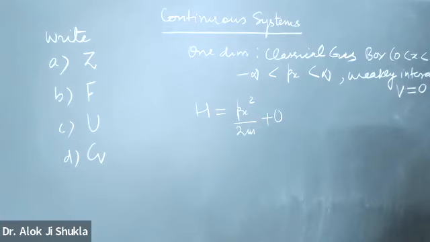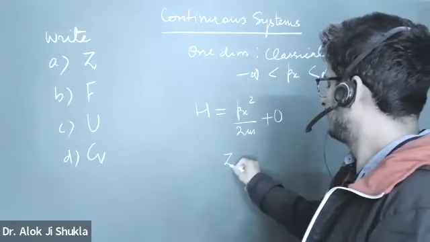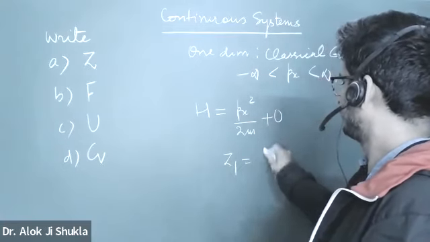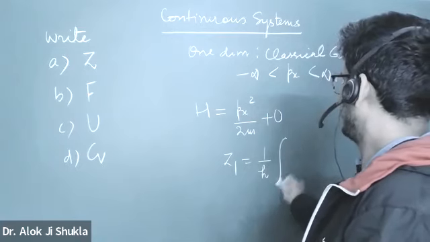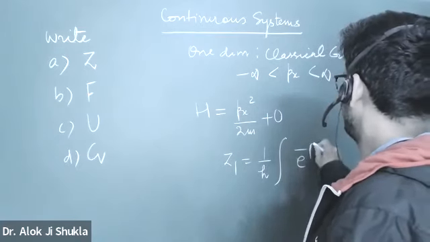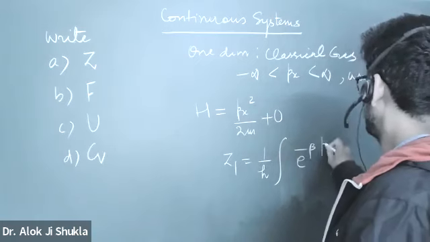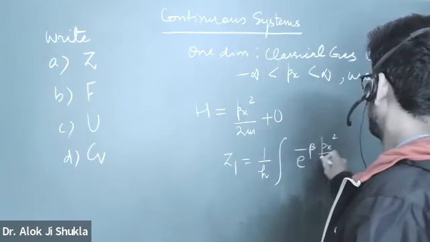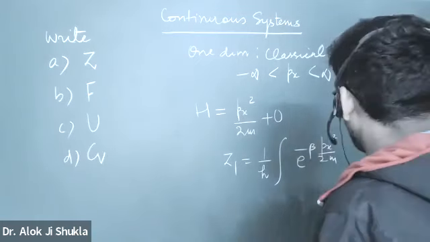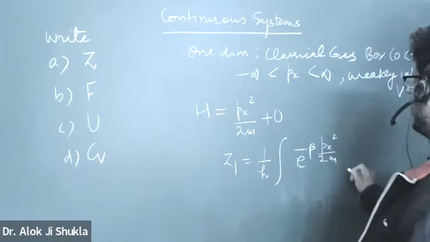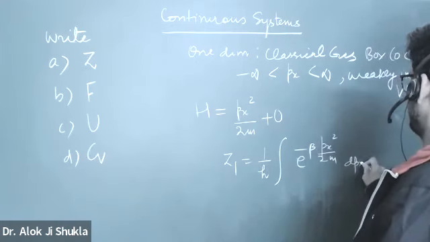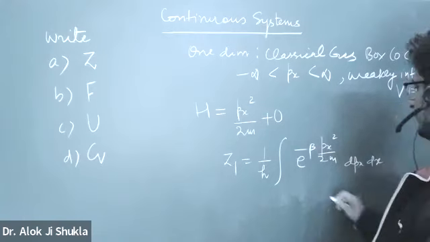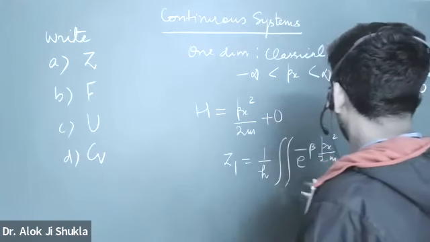So partition function will be Z1 is equal to 1 by h integral e to the power minus beta px square by 2m, and potential energy is 0, dpx dx. So it will be a double integral.